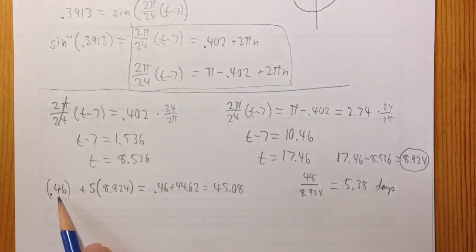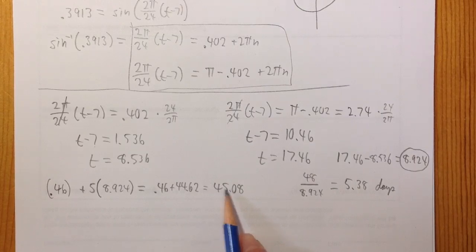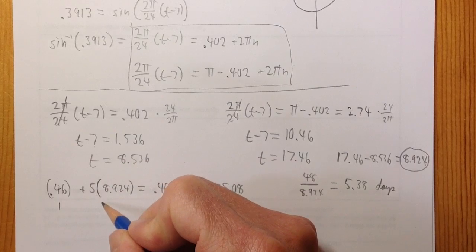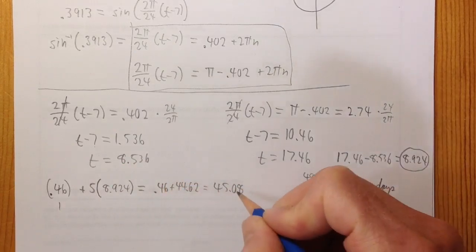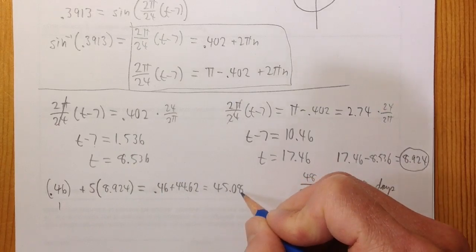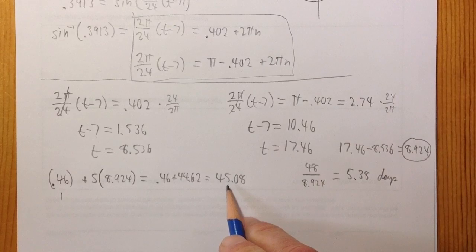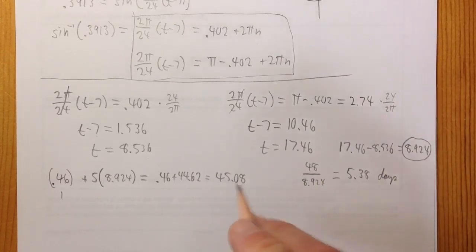Okay, so the first day we get 0.46. 5 more days, we're up to 45.08. So this is day one. This is 5 more days. That's day 5. So now we're in day 6. So in day 6 we've had 45.08. So somewhere on day 7 we're going to get that extra amount, that extra 3 hours or so. So let's figure that out.